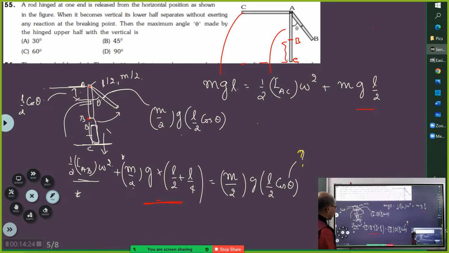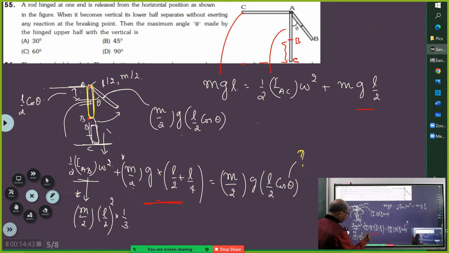But here you can find out I_AB. What will be I_AB? I_AB will be m by 2 into L by 2, because you are going to find the moment of inertia of this portion of the rod about this point, square into 1 by 3. Sure, I_AB you can find out. But the question is omega square. If you are able to calculate omega square, then the problem is solved. Is that clear?